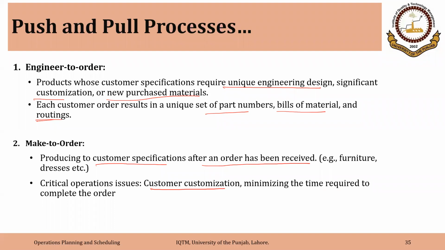The basic difference between engineer to order and make to order is that in engineer to order, the product is made according to customer specifications, and generally the design is also made by the organization providing the product. In make to order, generally the design is provided by the customer. The word engineer here means to design. So that is the basic difference between the two.